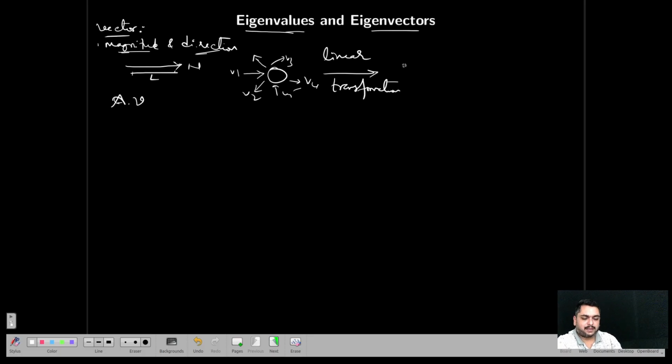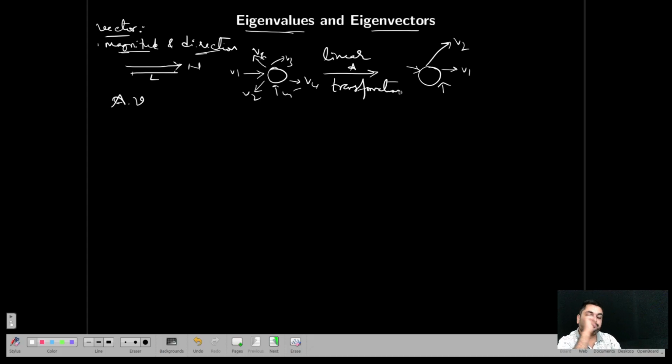After applying this matrix A, these vectors will change in magnitude, and they may change in direction also, because vectors define both magnitude as well as direction. It becomes difficult to study the system, because if I do some transformation, I'm not able to grasp how the system is behaving in the real world.